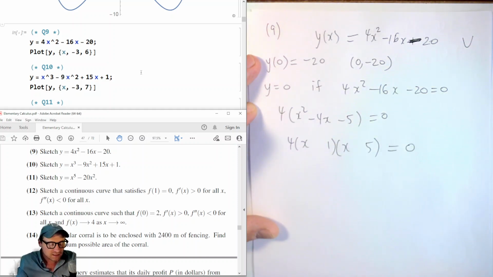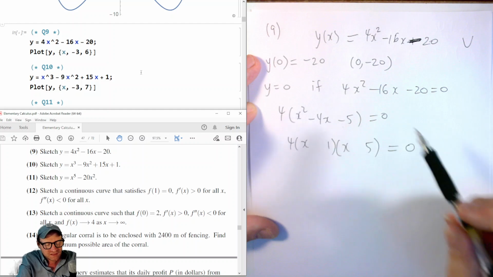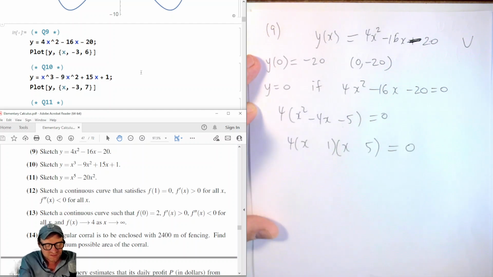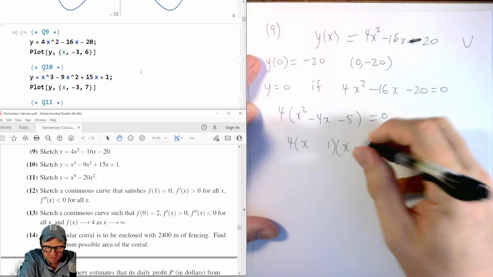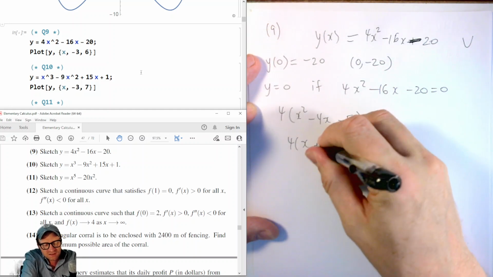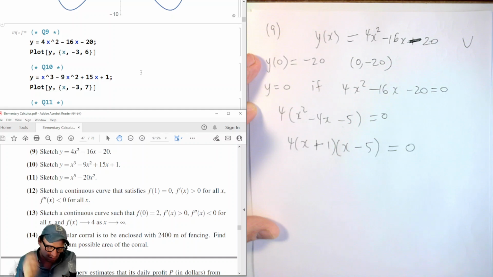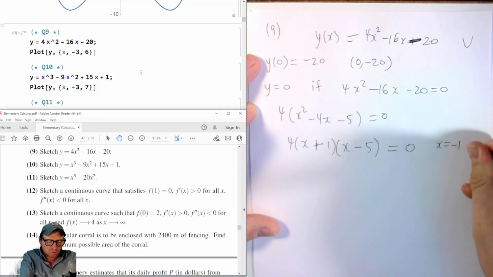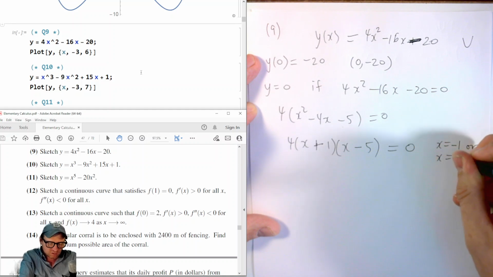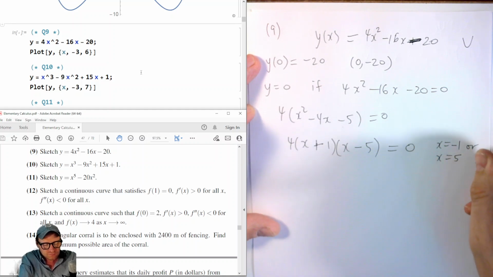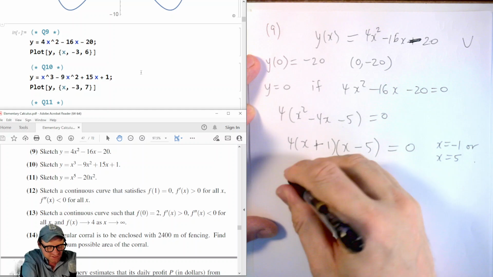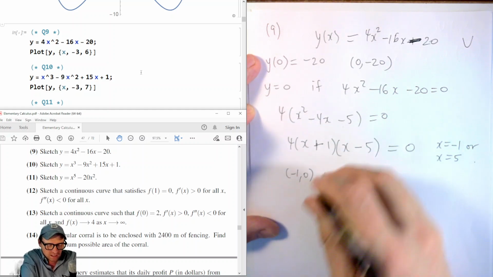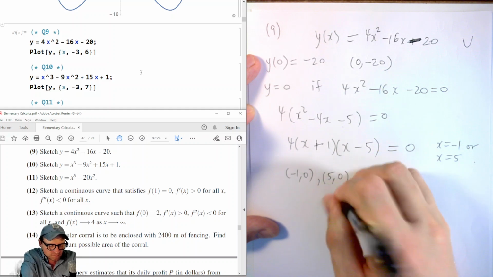This is negative here, so we want one positive and the other negative, but their difference is negative, so I want the larger number to carry the minus sign and the smaller to carry the plus sign. And so this gives us x equals minus 1 or x equals plus 5. So this gives us 2 points, (-1, 0) and (5, 0).